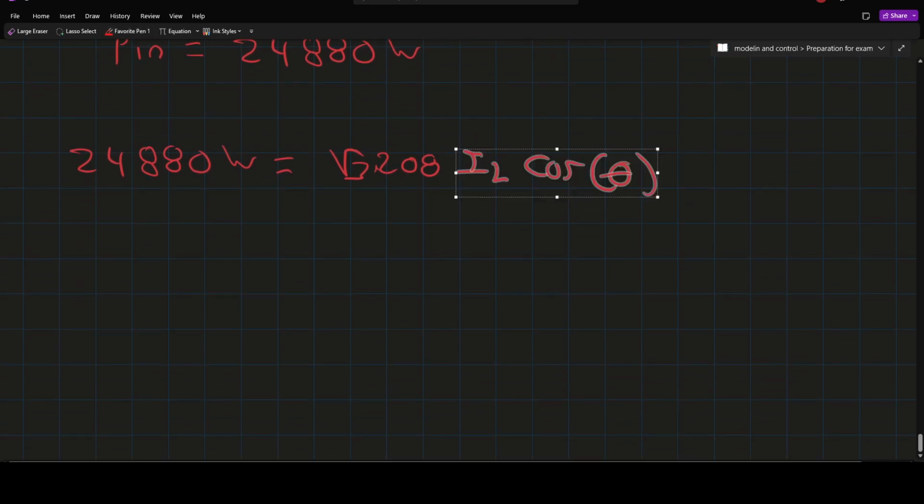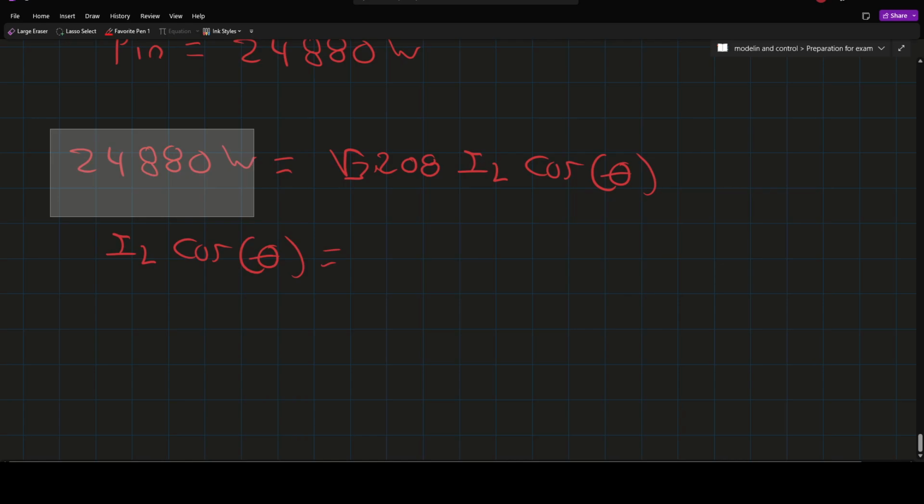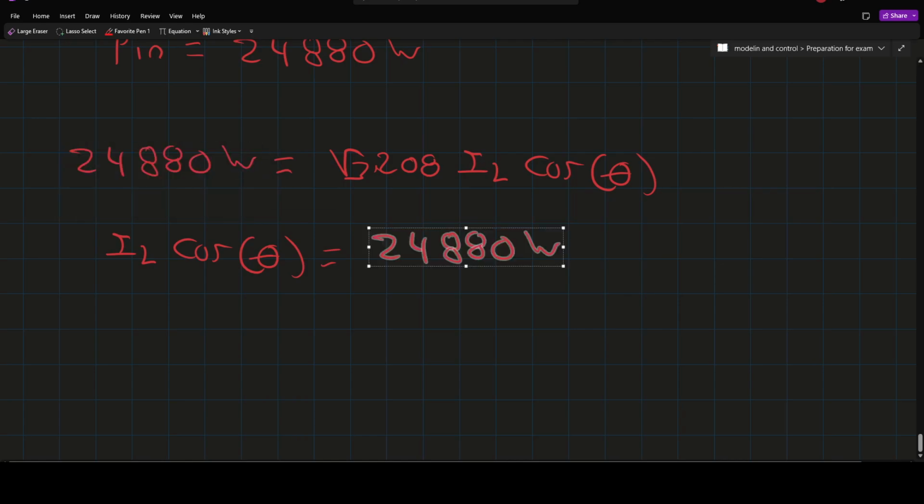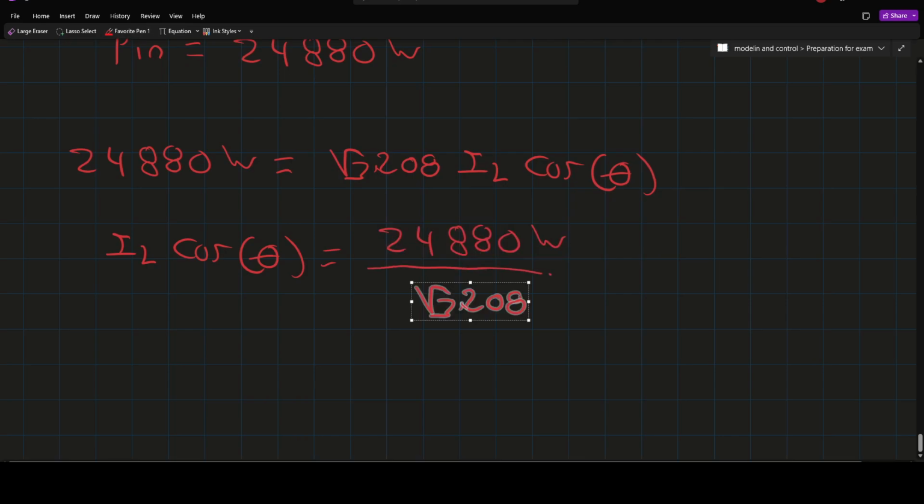So this is equal to the power in over square root of 3 times the line voltage.